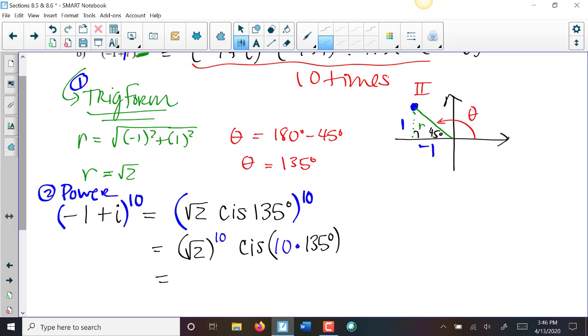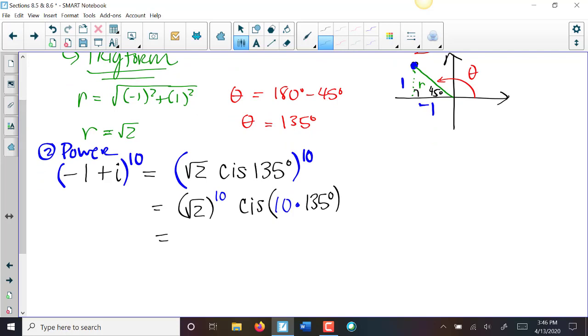To get my result. So square root of 2 to the 10th power is basically 2 to the 5th, which is 32. CIS. And so this becomes how much? 1350. Okay. Now let's think about that for a second. If I said I want you to go back to rectangular form, right?